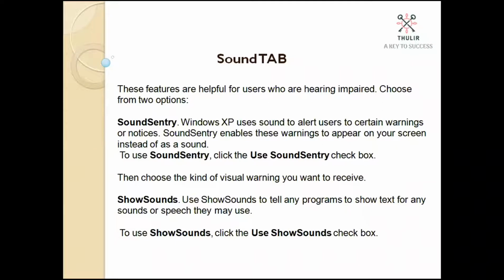So what will people with a hearing disability do? Will they hear it? Certainly not, right? So instead of that, we can use this option to make this appear as a warning on your screen. That is the reason we go for SoundSentry.